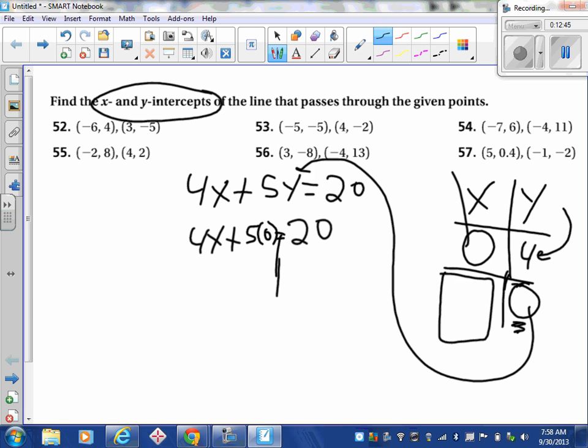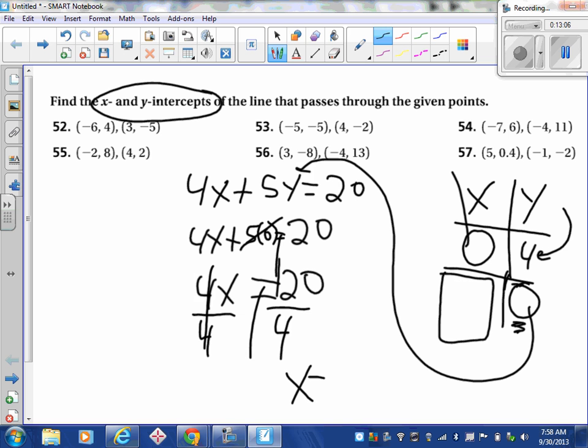Then I rewrite 4x. 5 times 0 cancels out, equals 20. I want to get the x by itself, so I divide both sides by 4. That cancels, and I get x equals 5, and that 5 goes right there.